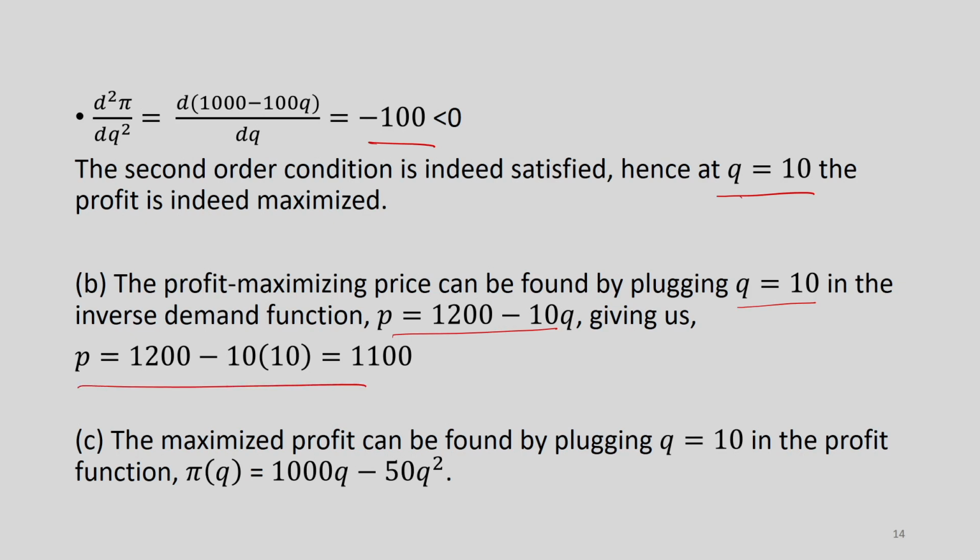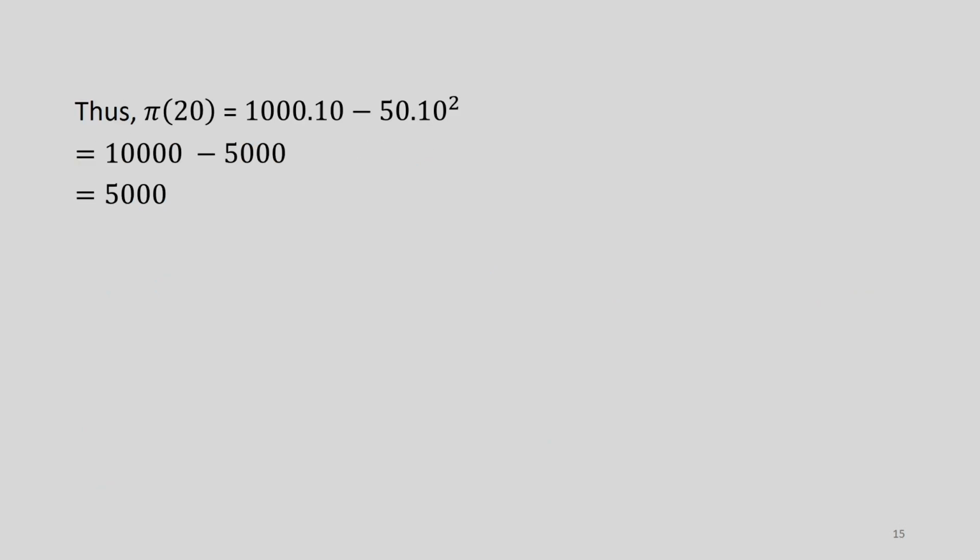So, this is the optimal price. The maximized profit can be found by plugging Q is equal to 10 in the profit function. Profit function was pi(Q) is equal to 1000Q minus 50Q square. I will put Q is equal to 10 here, and if I do so, it turns out to be 5000. So, the profit is 5000 when the producer is operating optimally.